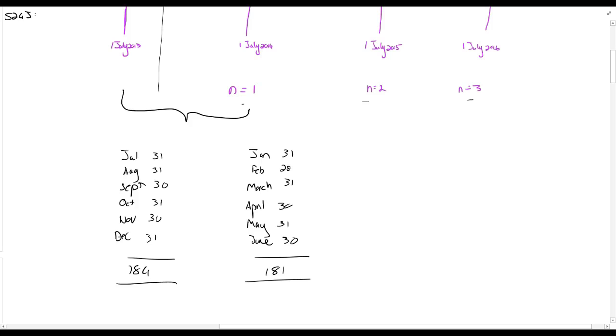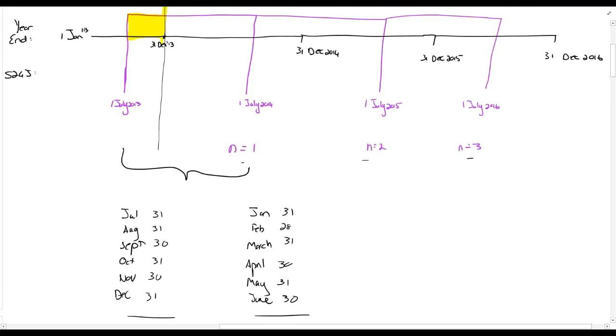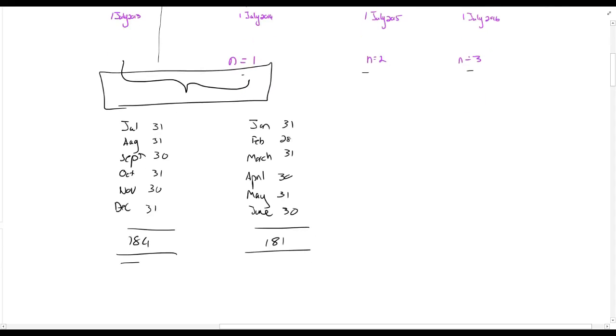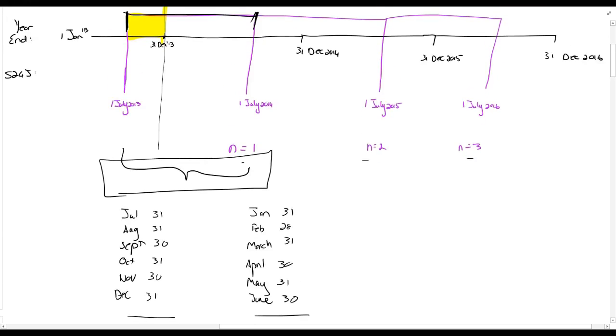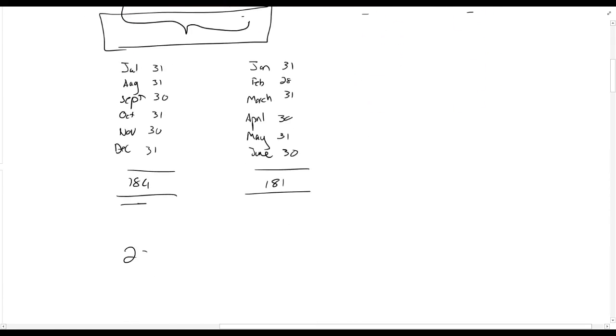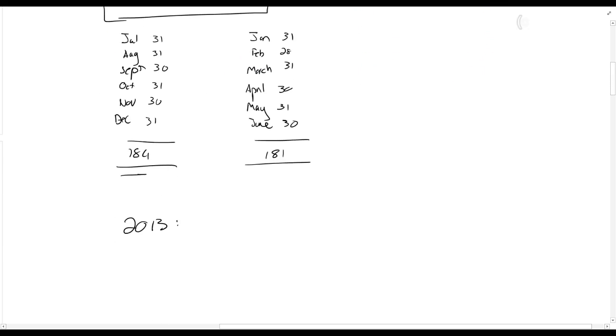That means this interest here is calculated for this purple period. It's calculated for 365 days, but only 184 out of that 365 falls within our tax year. So when we do 2013, I'm going to say here I1.